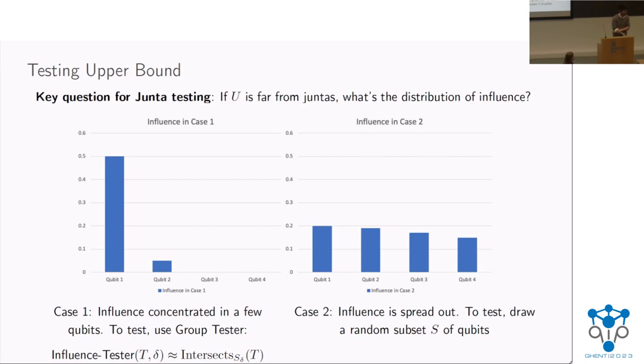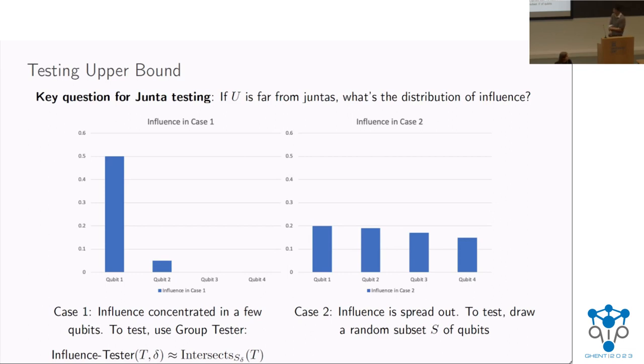Yeah, was there something you had in mind? Because it seemed, at least naively to me, that you could just use the same algorithm to test for something that's slightly more general. I was just wondering if that was the case, or if, say, you consider the set of all functions that have influence mostly concentrated on k qubits, then that's too large a class of functions, so the testing problem doesn't really make much sense. But if not, then it seems like this same algorithm could work in that case.